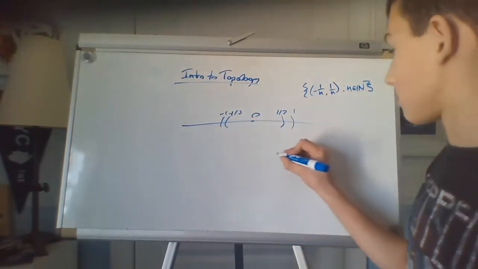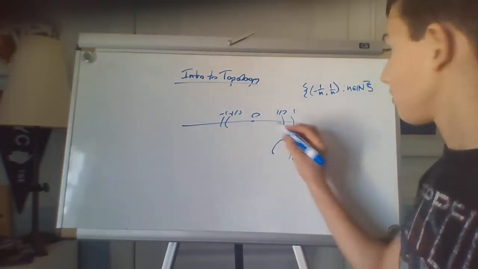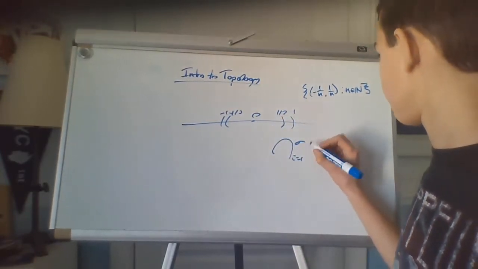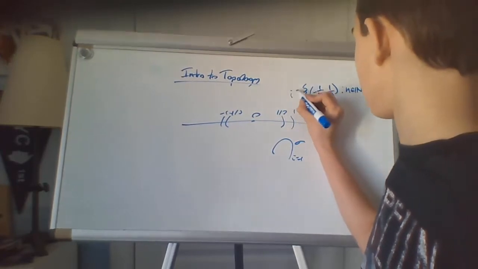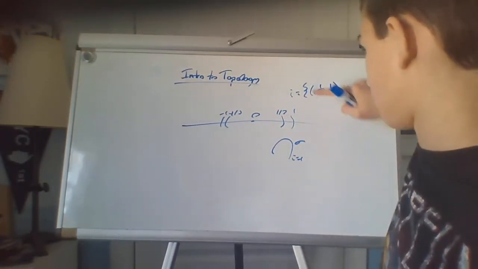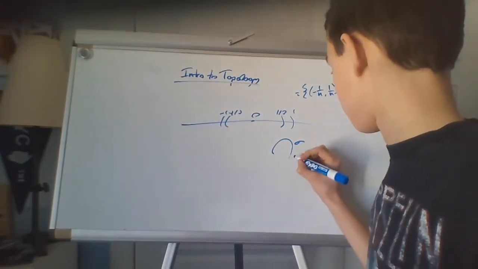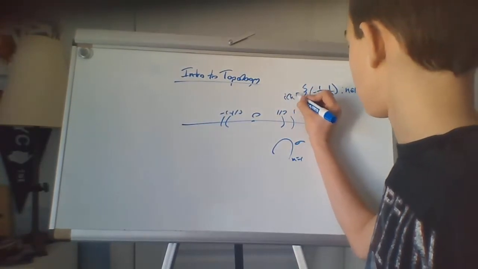And taking their intersection, once again, we're left with the center of all of these. I'll call this I of n.